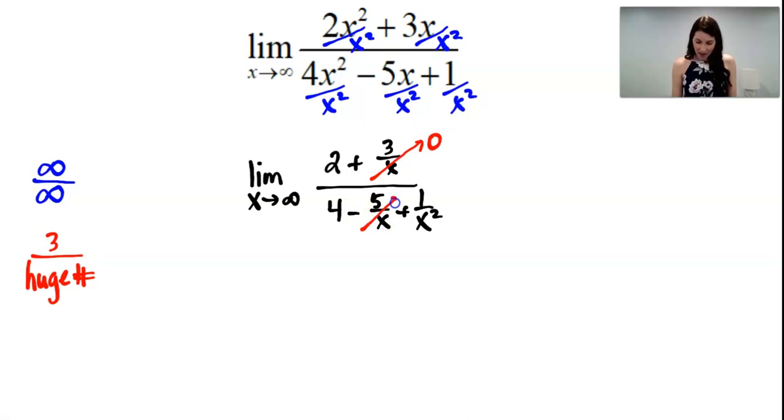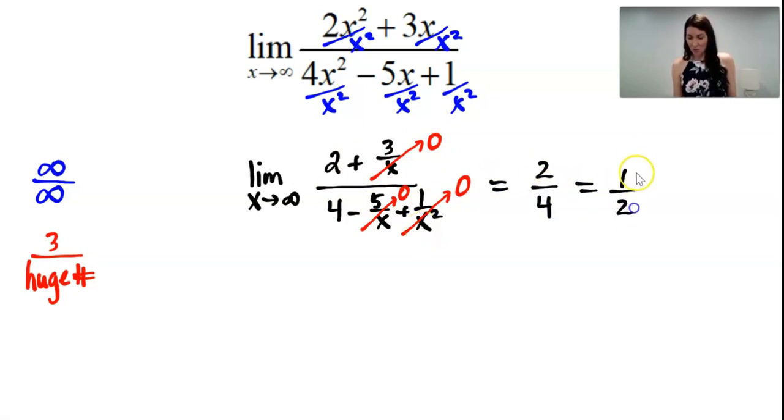So 5 divided by x is also going to approach 0, and 1 divided by x squared is also going to approach 0 because it's a number divided by an enormous number. So let's take a look at what we have left. We have 2 plus 0 divided by 4 minus 0 plus 0, or 2 divided by 4, which reduces to 1/2. So the limit as x approaches infinity of this rational function is equal to 1/2.